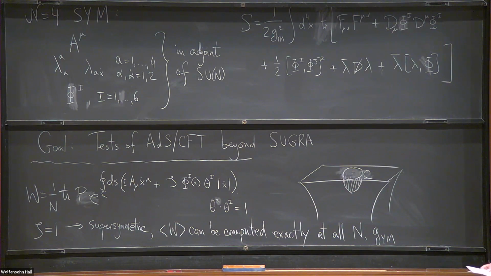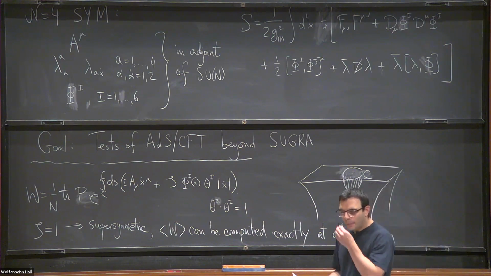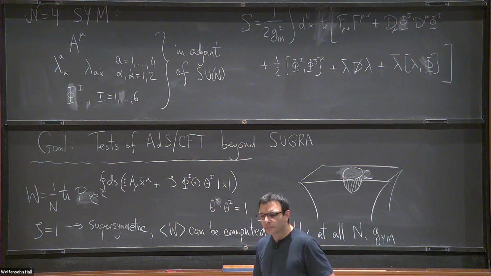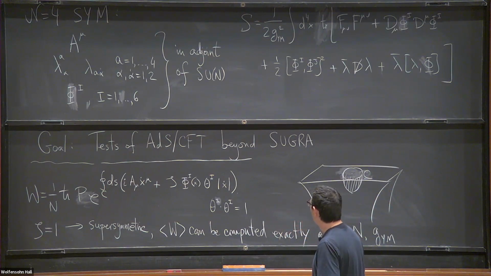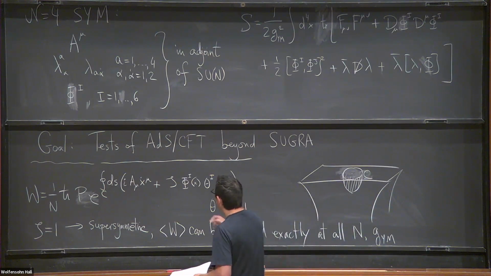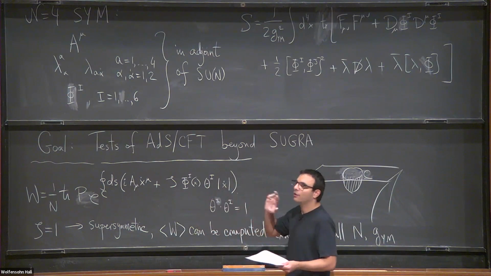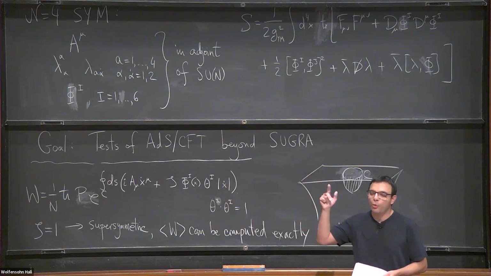Yes. Yeah. We set the angles of the S5 to 0. No, we didn't worry about them. We assumed, sorry, no, zeta was 0. We assumed that the string sits at a point on the S5.